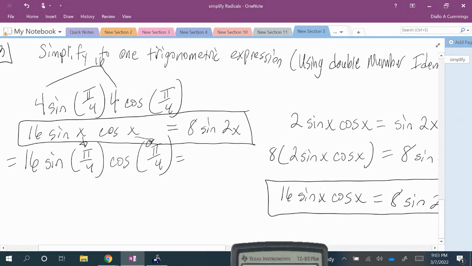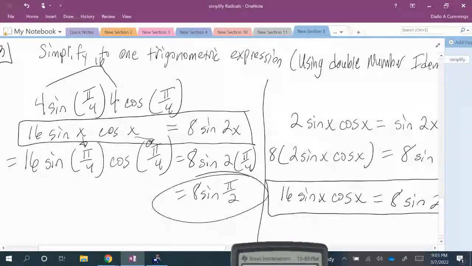So this is equal to 8 times the sine of 2 times pi over 4. If I simplify 2 times pi over 4, that's pi over 2. So this simplifies to give us 8 times the sine of pi over 2.